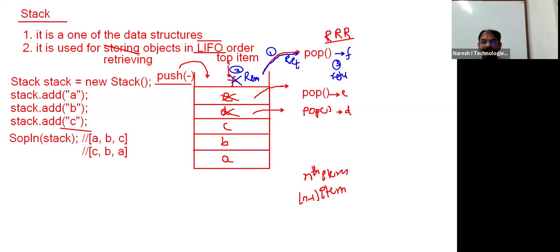It means if I want to reach the nth item, for example B, from the top it is 1, 2, 3, 4. This is the top item. 1, 2, 3, 4, 5. If you want to come to the nth item, 5, then you must remove n minus 1, that is 4 items. Then only I can reach 5. Yes or no?